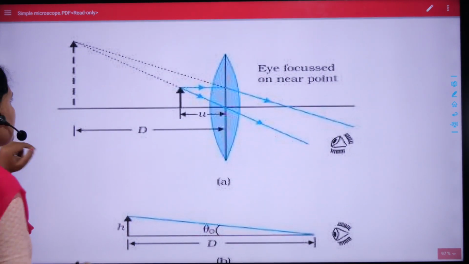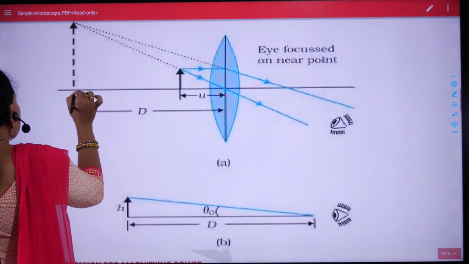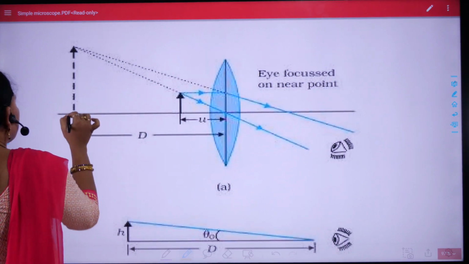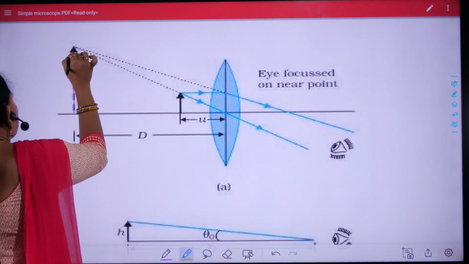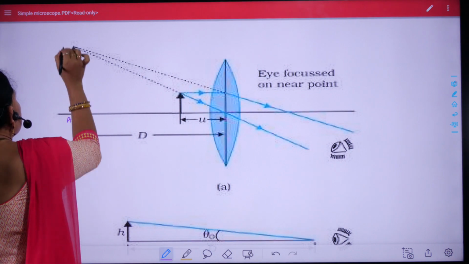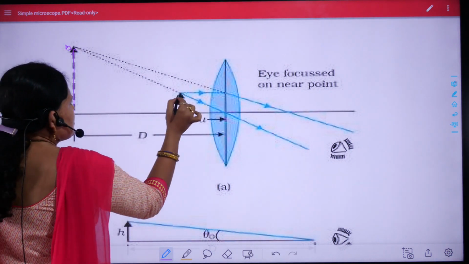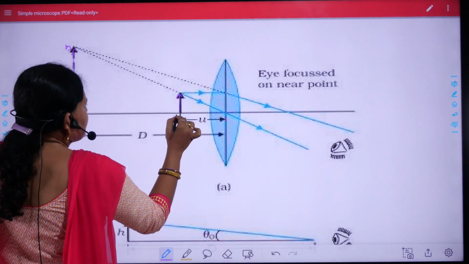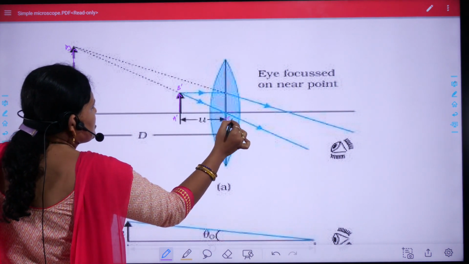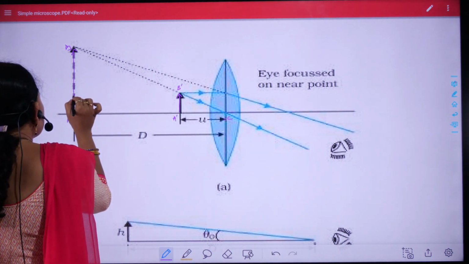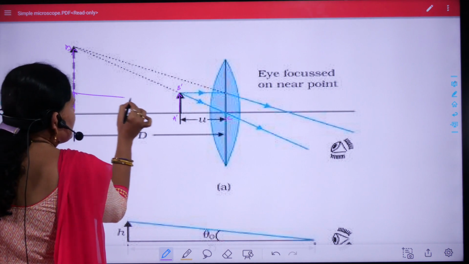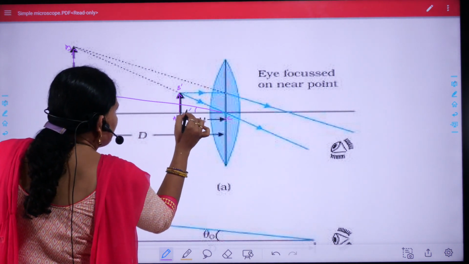So this is the ray diagram. This is our AB, and this is our A dash B dash. Suppose this is your C. Now let us keep the object at this point. Then the angle made at this point is alpha.